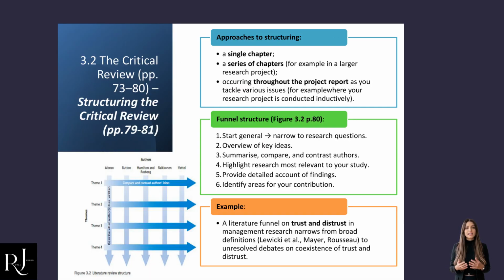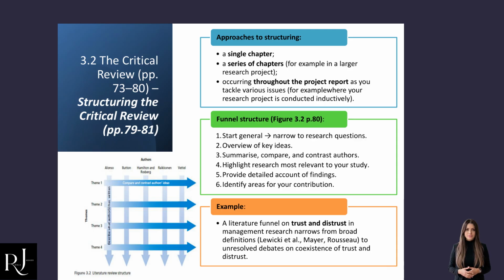Structure is vital for clarity. You can structure your review as a single chapter, a series of chapters, or throughout the project if you are using an inductive approach. We highly recommend the funnel structure shown in figure 3.2. This involves starting with a general overview, narrowing down to your specific research questions, summarizing and contrasting authors, and highlighting the research most relevant to your study.